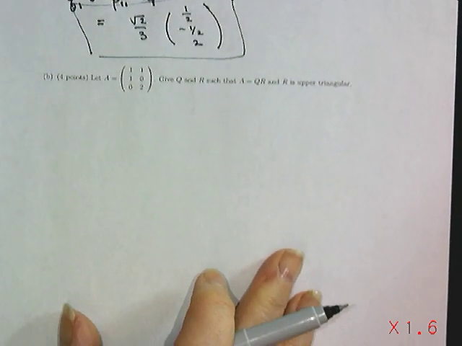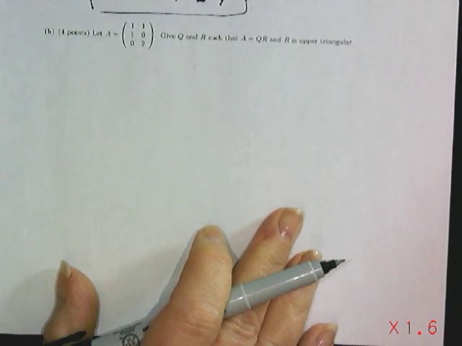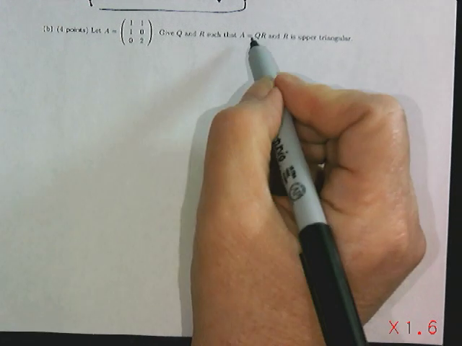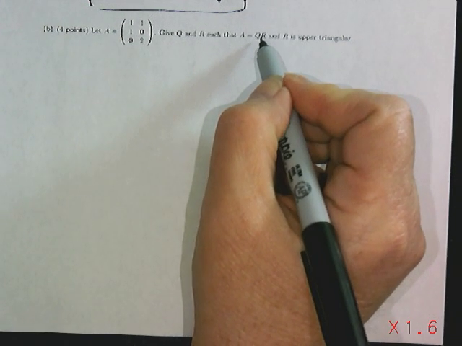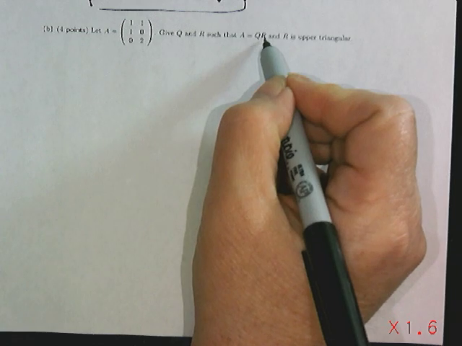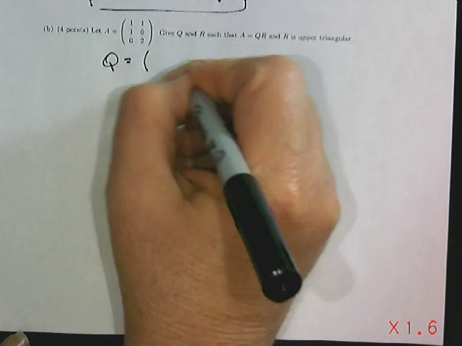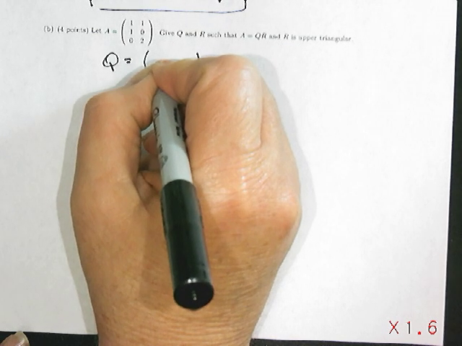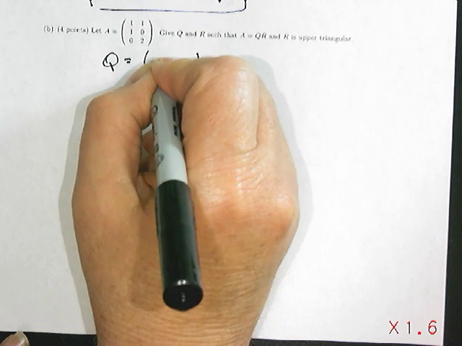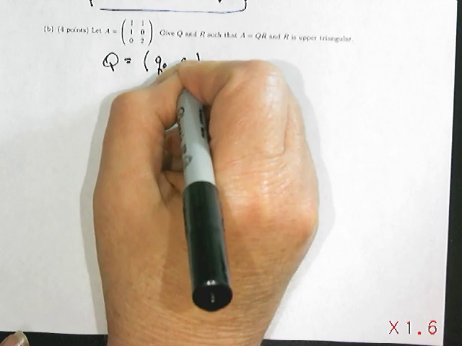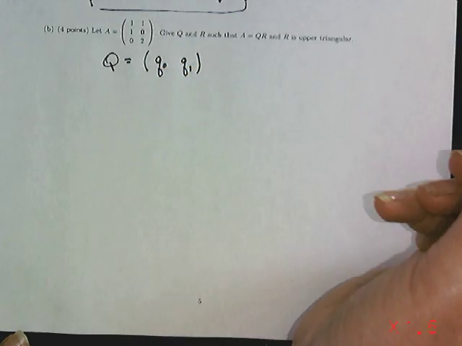In B, what we're supposed to do is to factor A using QR factorization. Well, Q is just the matrix with its columns, q sub 0, q sub 1, the bases we just found.